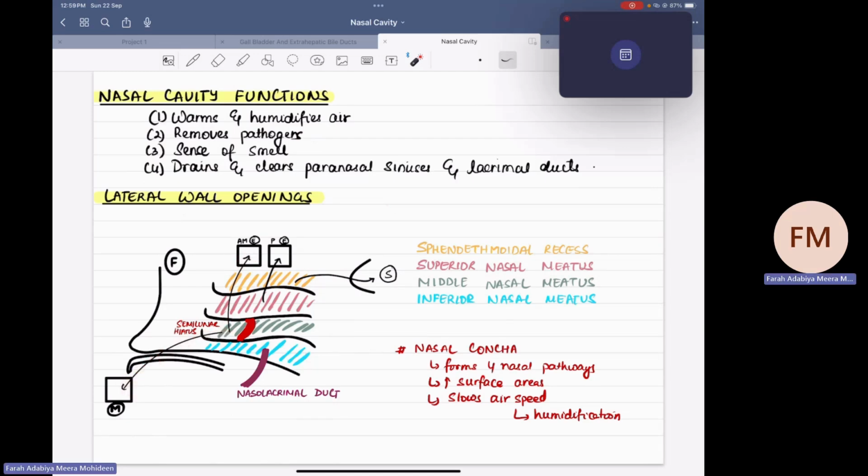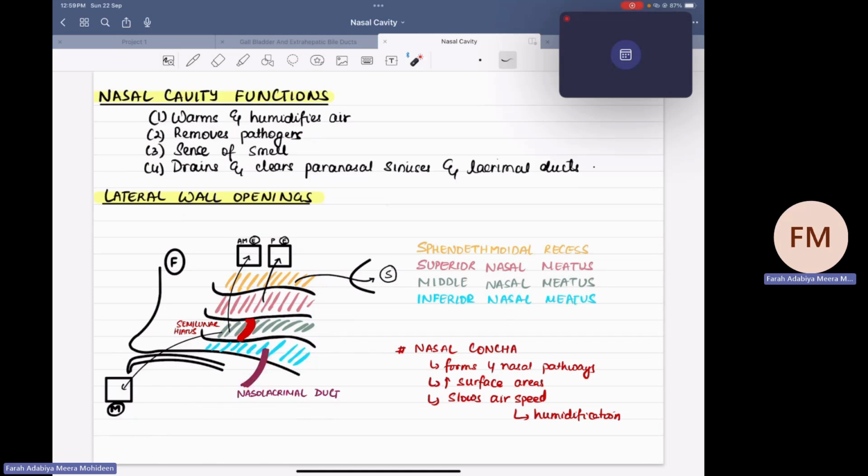You can also see a small structure called the semilunar hiatus, which is seen more clearly when you talk about the frontal section. And then below your inferior nasal concha, you have your inferior nasal meatus that has a connection with your nasolacrimal duct.